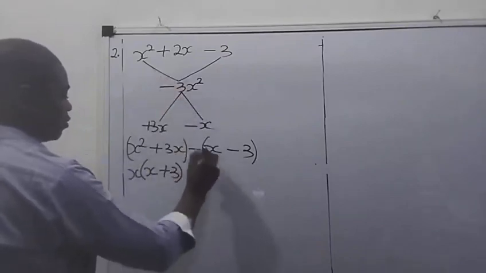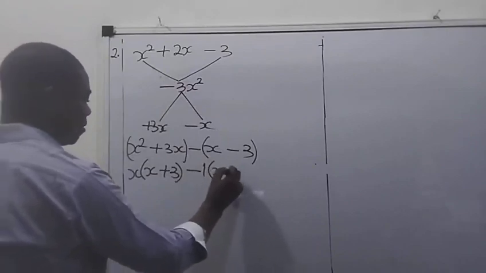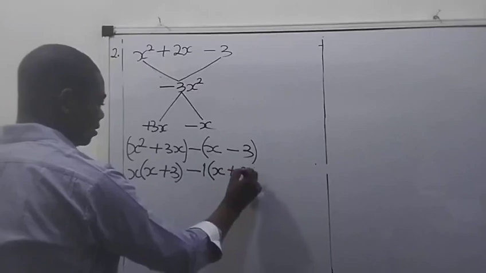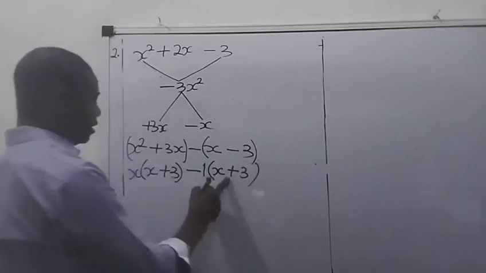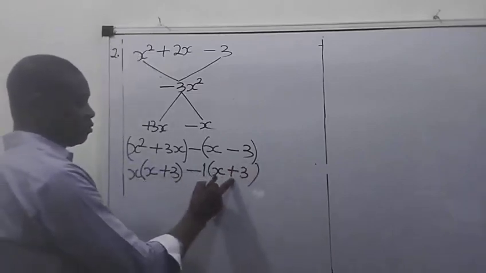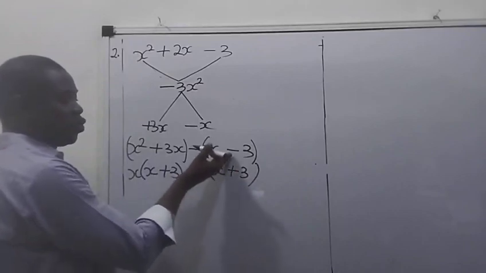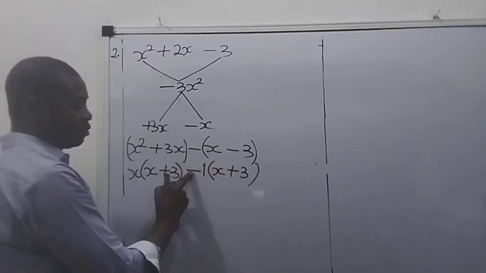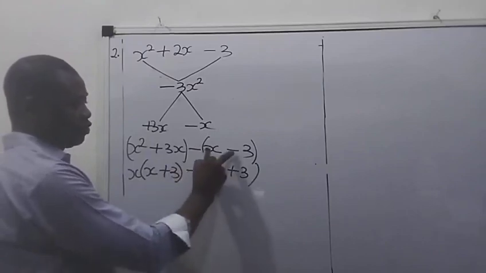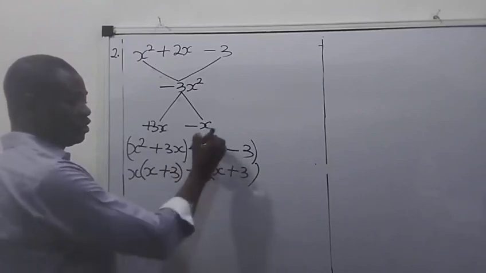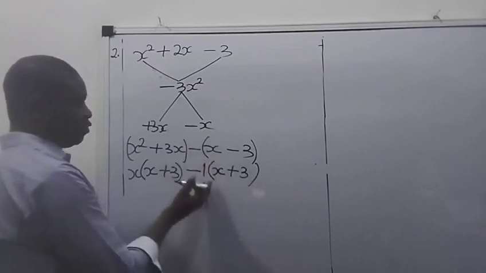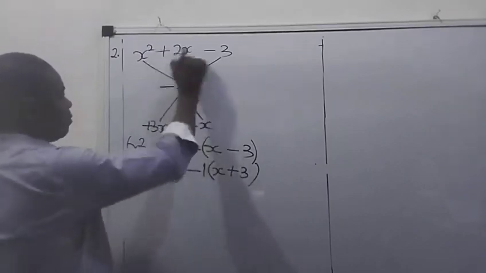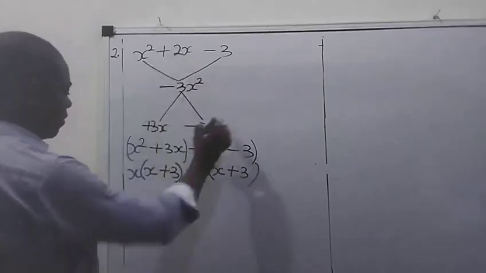Bracket 1 goes into x, we write x, then minus 3, I mean plus 3. Why do we write plus 3 here? Whatever you have here must be equal to this. In case we want to go back here, you just say minus times plus, it will give us minus. So it doesn't change the answer if you want to multiply again to get back at the answer. So we arrive at the same thing.